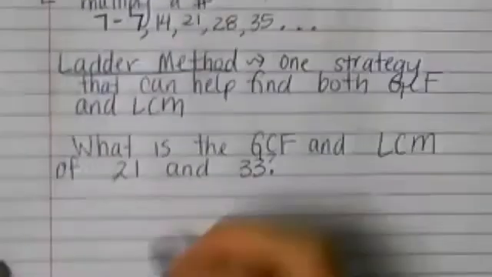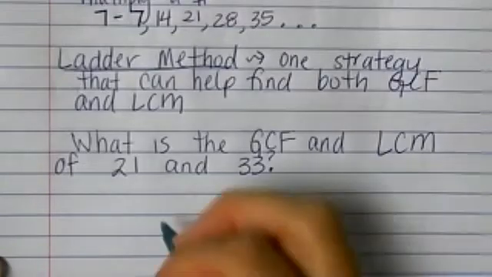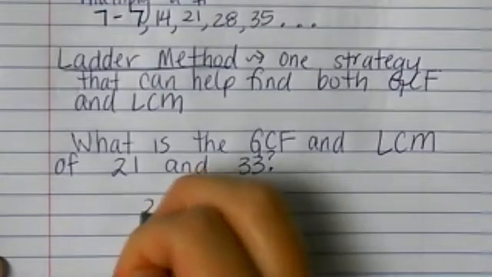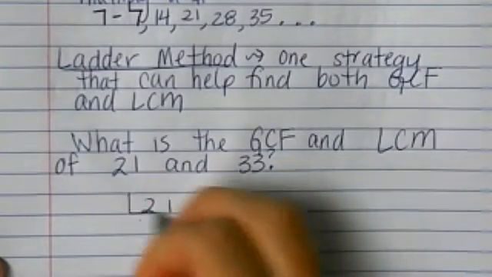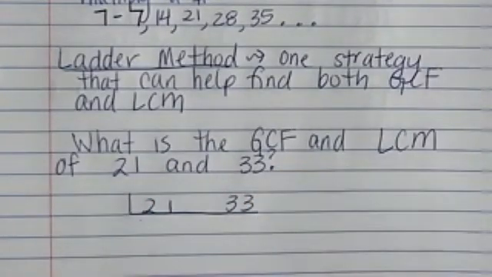So let's write our numbers. This is how we do the ladder method. So you're going to do it with me. We're going to put 21 and 33 on a line, kind of next to each other. I like to put a little space between. And then you kind of make an upside down division. It looks like it's upside down division. And now we have to use a little bit of number sense.